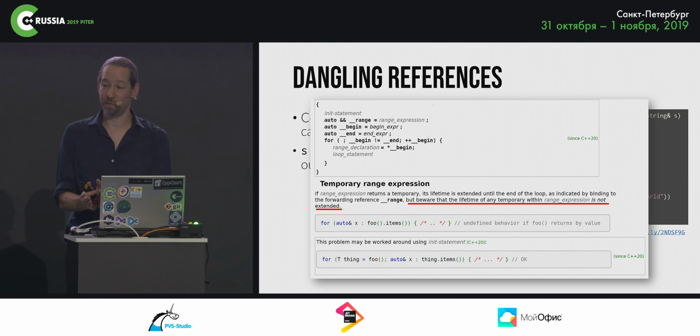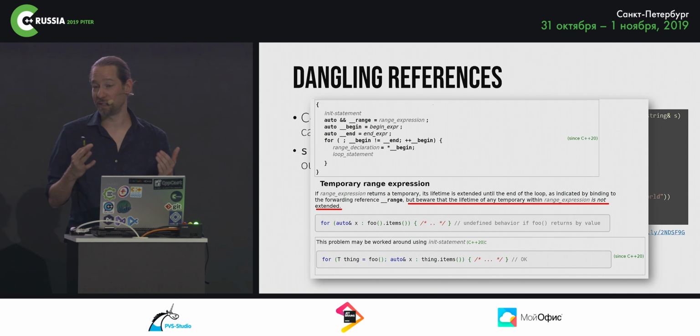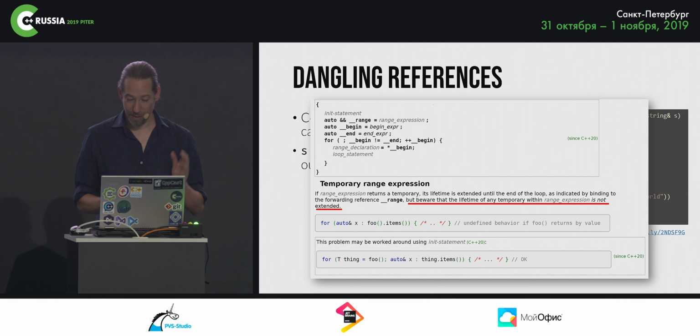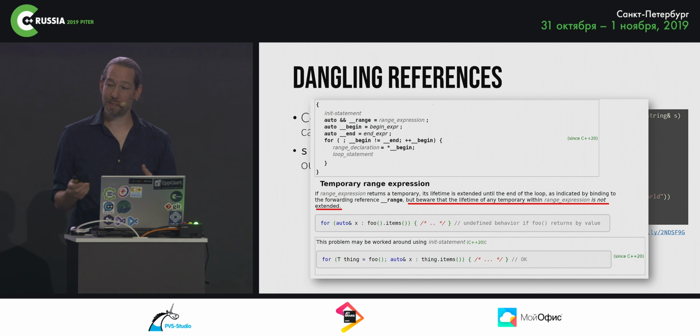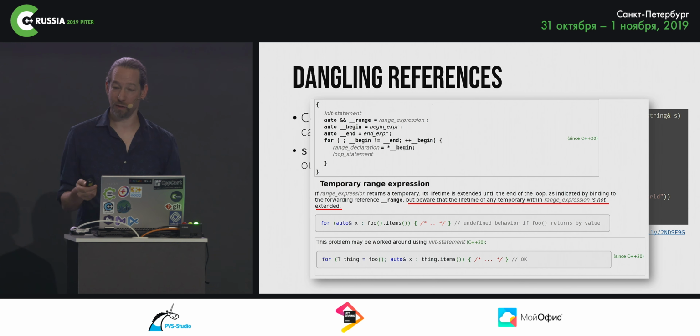There won't be a dangling reference. However, if we capture the same value with the lambda captures, then we will get dangling references, because lambda captures become members and they don't get lifetime extension. So just beware. I think the main rule of thumb is to always pass your arguments by value and not by reference.